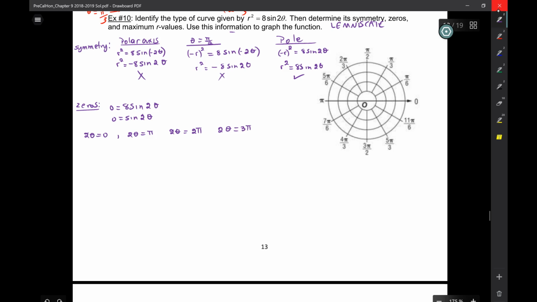and suppose I don't know how many to do, right? 3 pi, 4 pi, and I'm going to do one more, 5 pi. Okay, let's see. Theta equals 0, pi over 2, pi, 3 pi over 2, 2 pi. I already hit 2 pi, so I don't need that anymore.